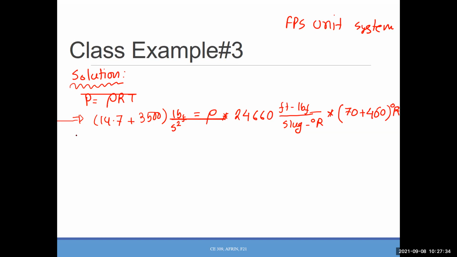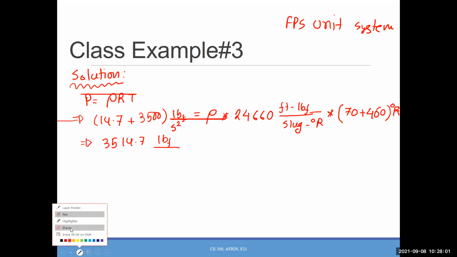Okay. So let's do the second line. So 3514.7. I think I made a mistake here. That should be inch square, not second square.